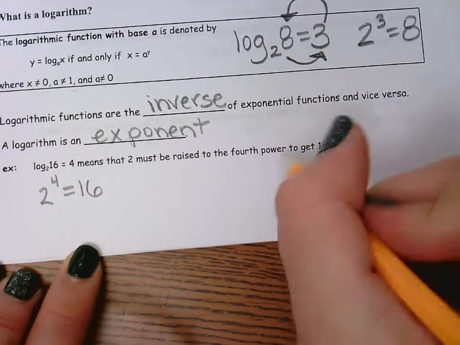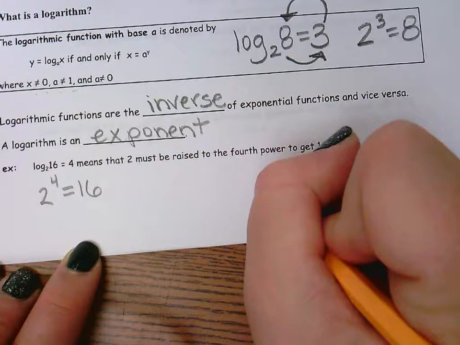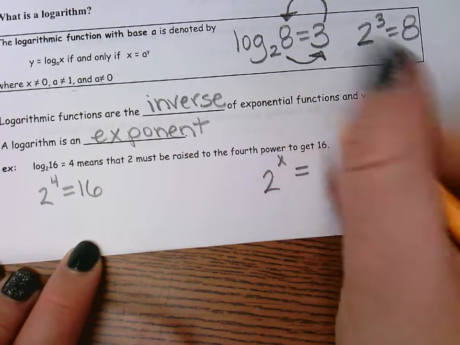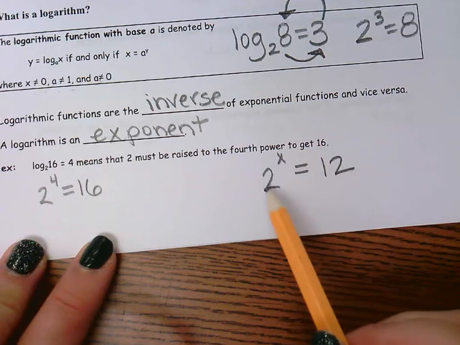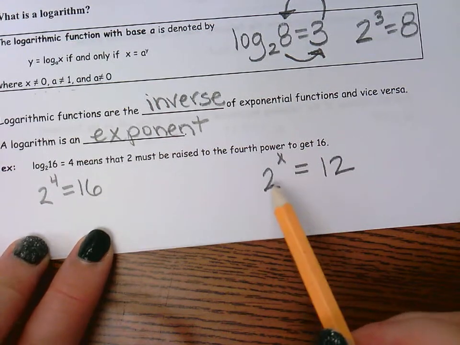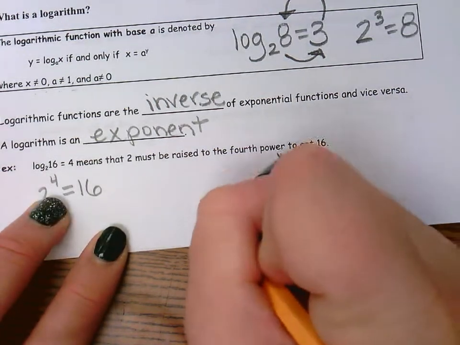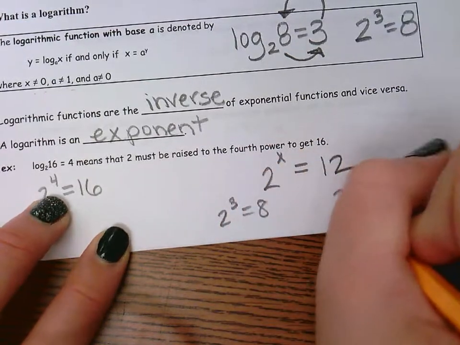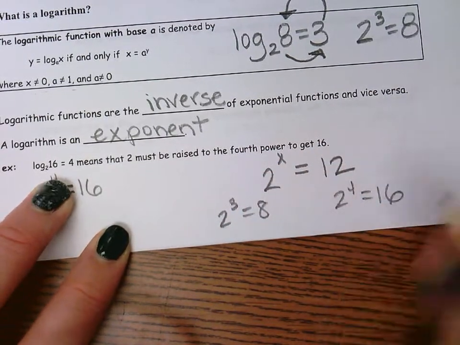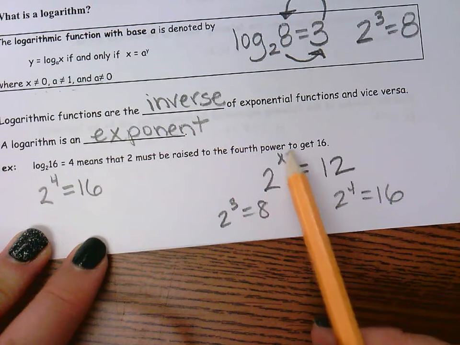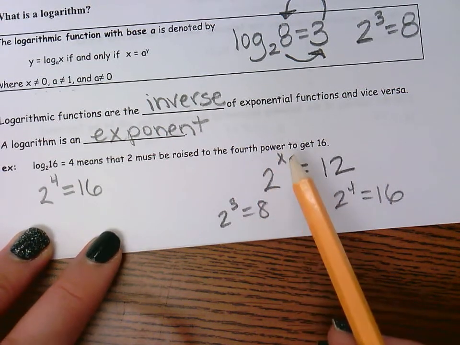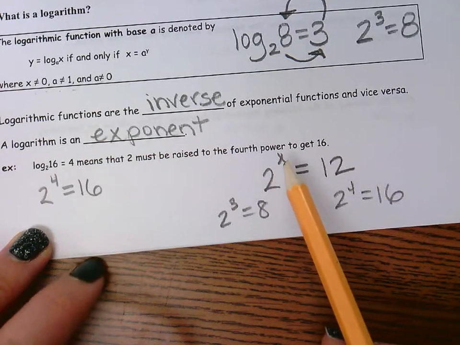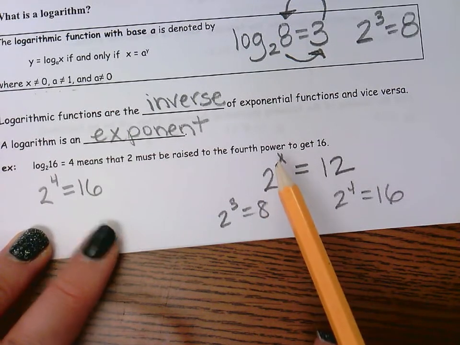Now I want to evaluate something like 2 to what power will give me 12. 12 is not a power of 2. So I know that it's between 2 cubed, which is 8, and 2 to the fourth, which is 16. So it's got to be 3 point something, but I have no way right now to guess what that exponent is. Is it 2 to the 3.8 or 2 to the 3.9?